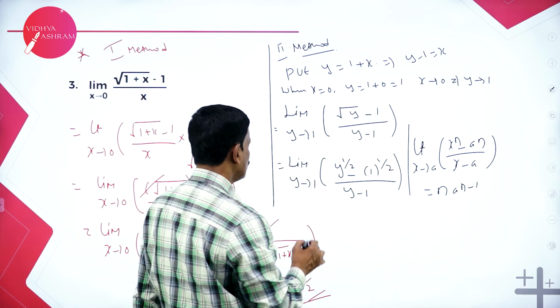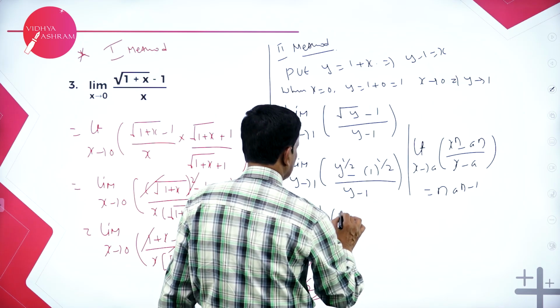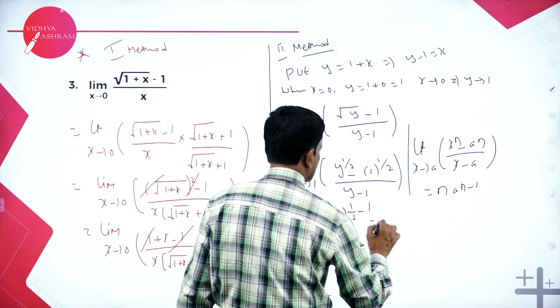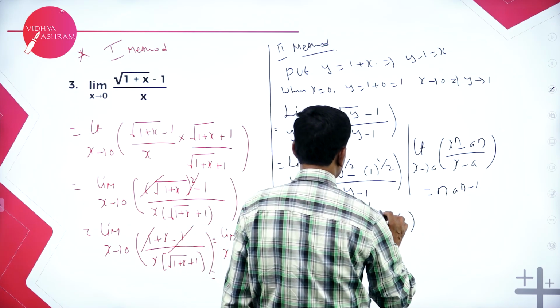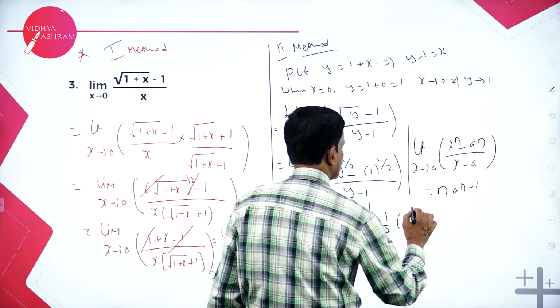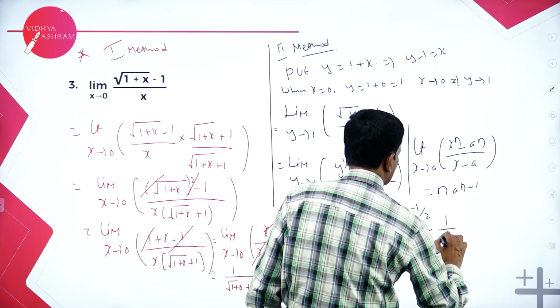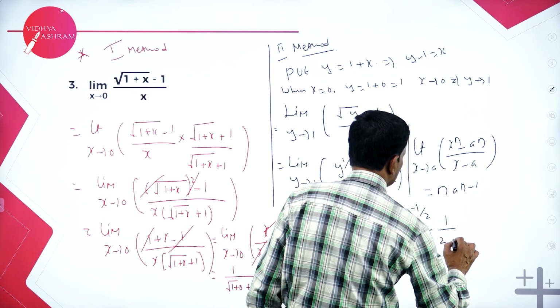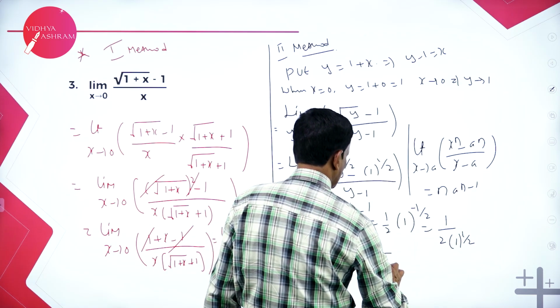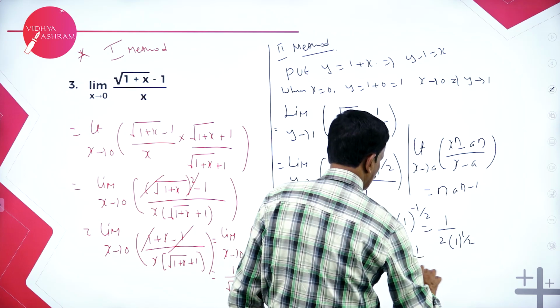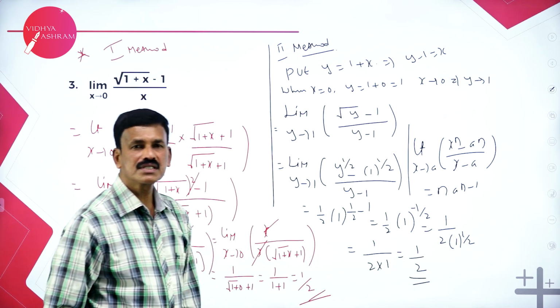What is n here? 1 by 2. 1 over 2 into 1 to the power of 1 by 2 minus 1, that is 1 by 2, 1 to the power of minus 1 by 2. Bring this to the denominator, it becomes 1 to the power of plus 1 by 2, which is nothing but root of 1, that is 1, so it's equal to 1 by 2. The simplified answer is 1 by 2.